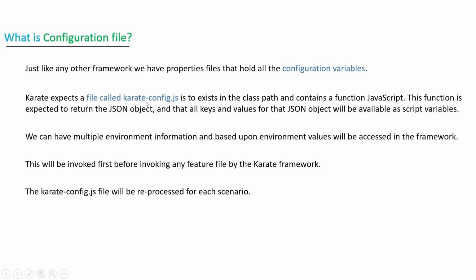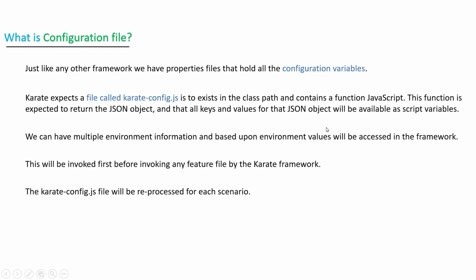We call it the karate-config.js file. Whatever configuration we are going to save, we save inside this karate-config.js file. And it is not only to save the information of one environment; you can save the information of multiple environments.